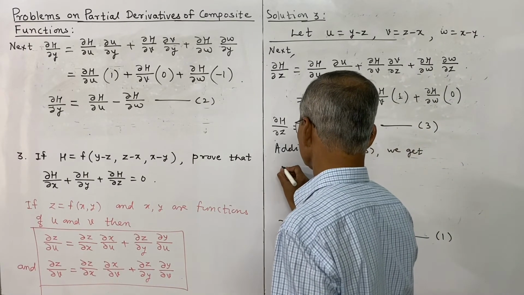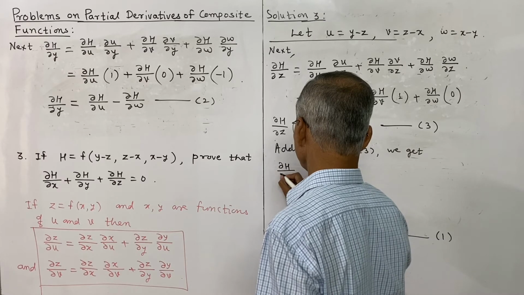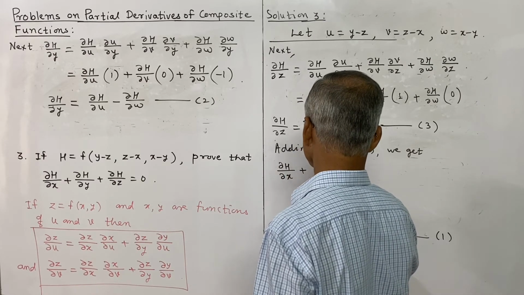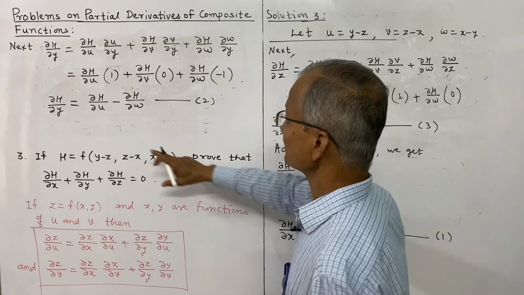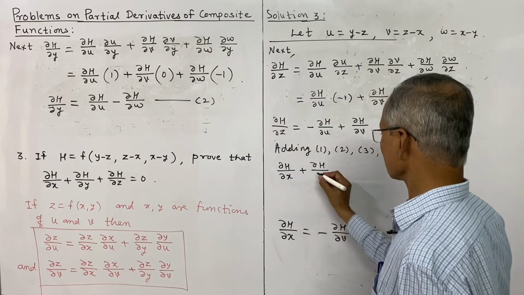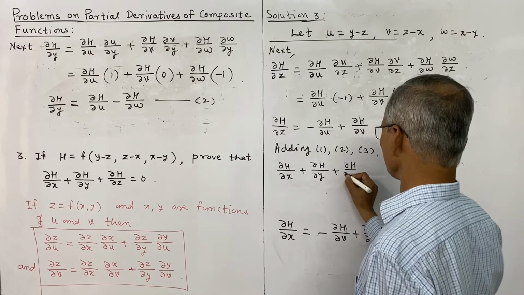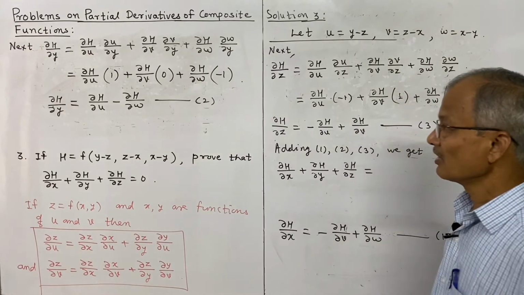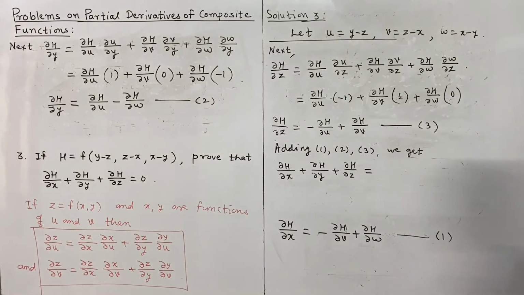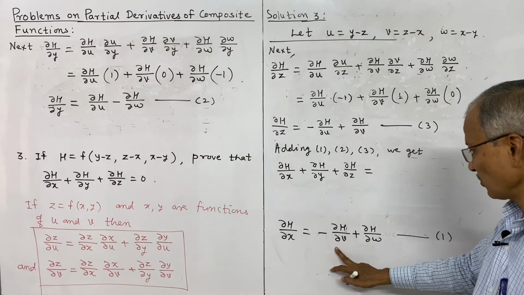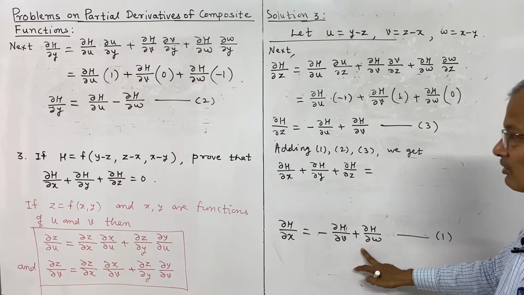So that is ∂h/∂x plus, we shall add the left sides. Second is ∂h/∂y, plus the partial derivative of h with respect to z, and this is equal to. Now we may see the sum on the right side. This is negative ∂h/∂v plus ∂h/∂w, etc.